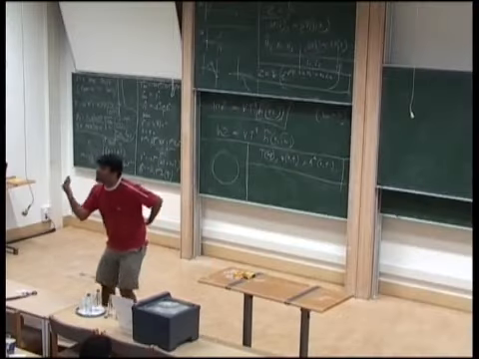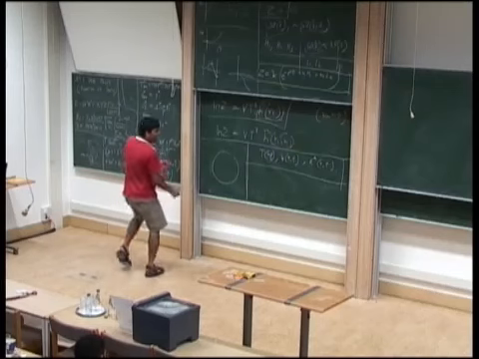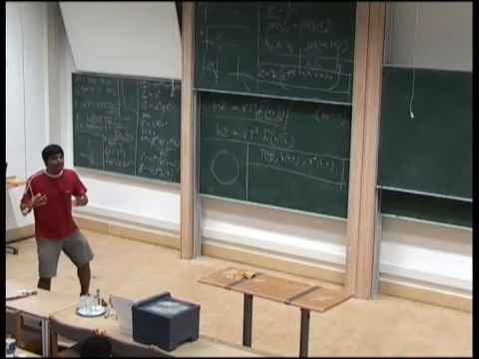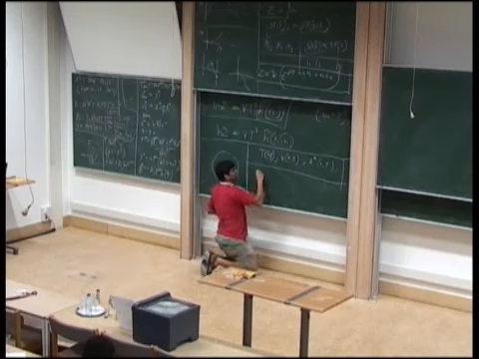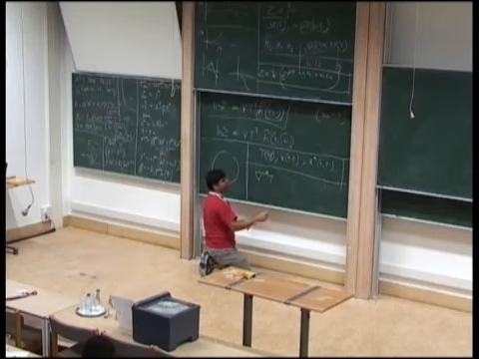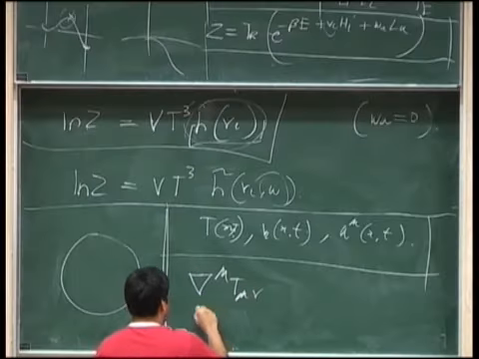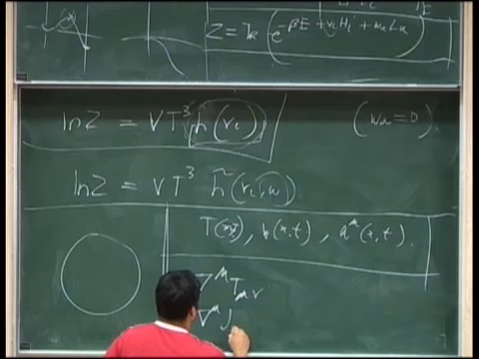Now, what are the equations of fluid dynamics? Well, the equations of fluid dynamics are just an automaticness. The equations of fluid dynamics are simply the equations of conservation of these quantities: conservation of the stress tensor and conservation of other conserved charges.